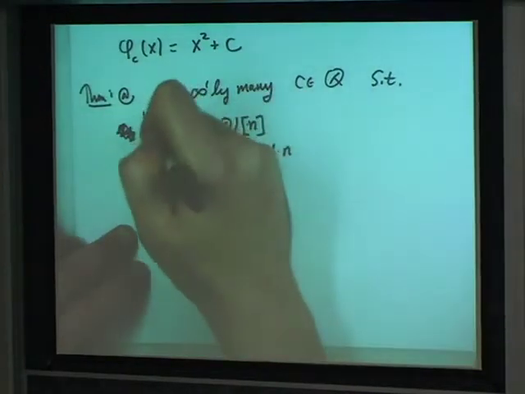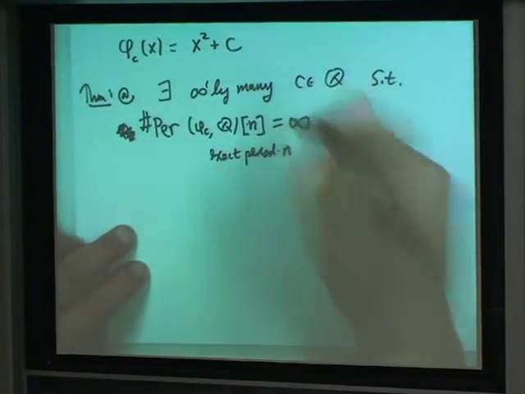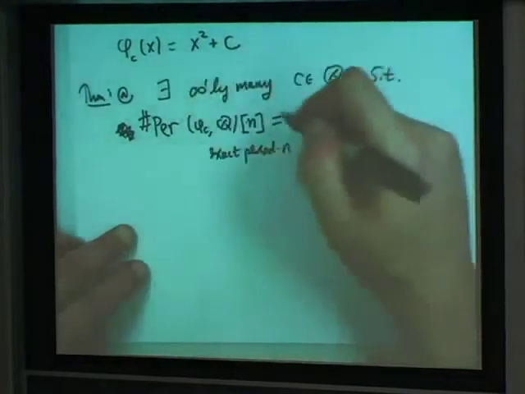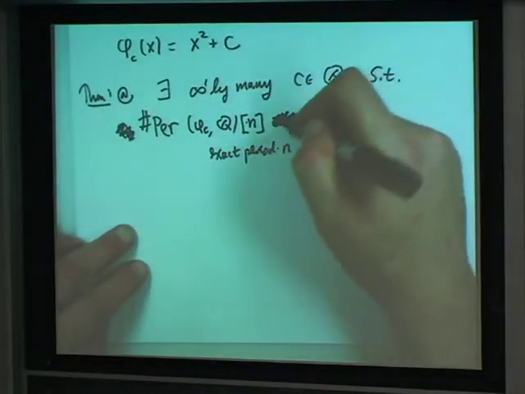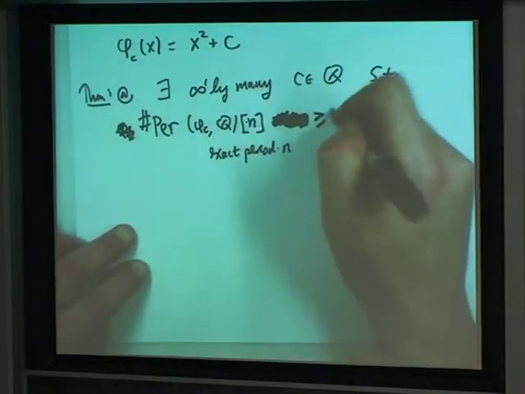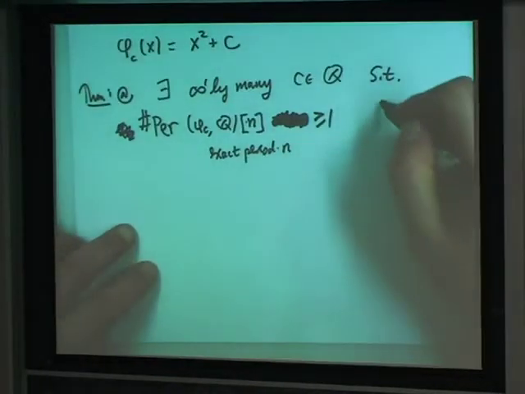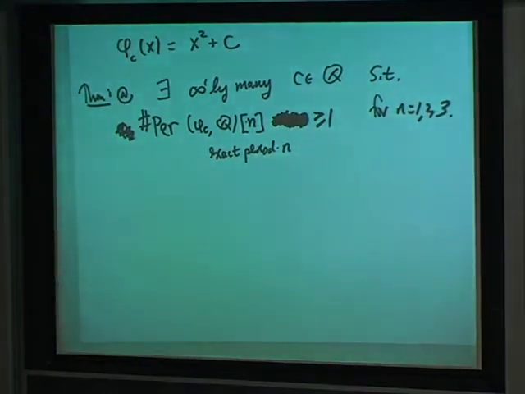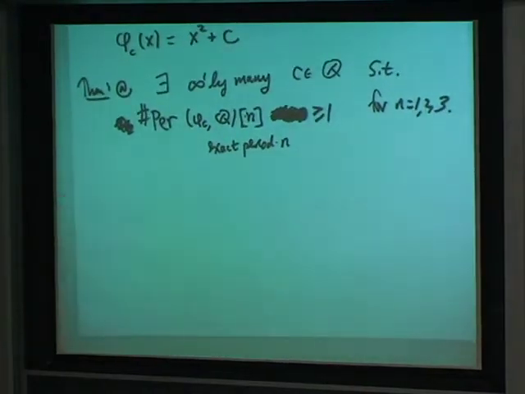Such that there are infinitely many rational periodic points. I'm sorry, no, that can't be true. That contradicts Northcott's theorem. I think maybe I've stated that in a confusing fashion.